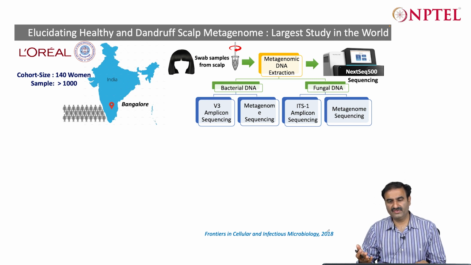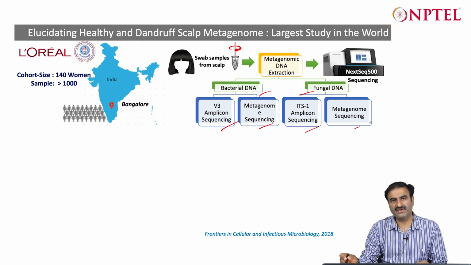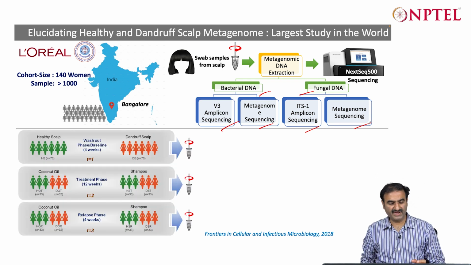For the scalp microbiome, you can use swabs, and then extract the bacterial DNA and fungal DNA. For this, amplicon and metagenome sequencing was performed, and for the fungi it was ITS and metagenome sequencing, which can provide clues about the differences between healthy and dandruff scalp.